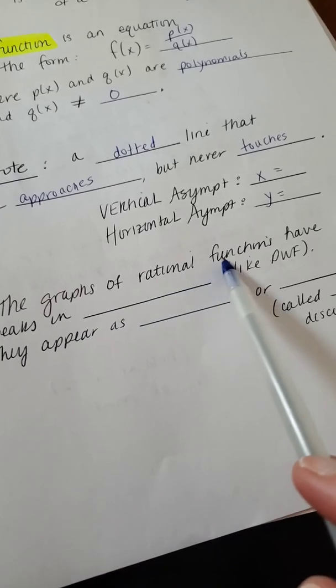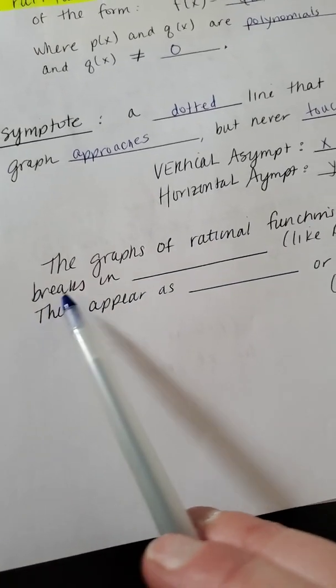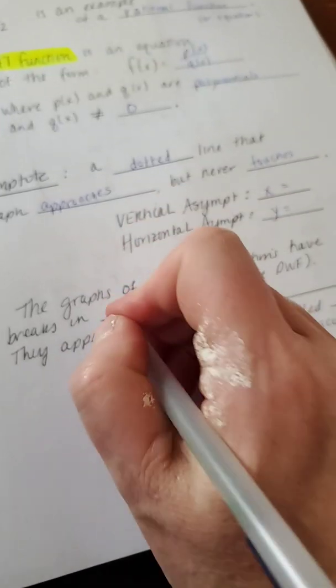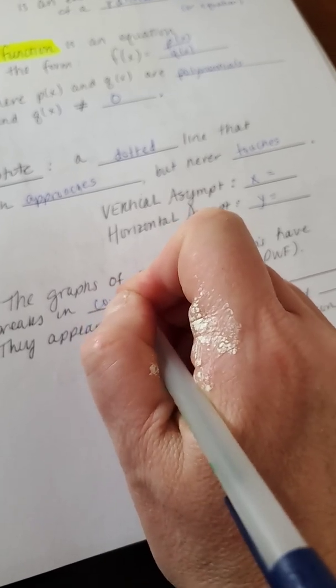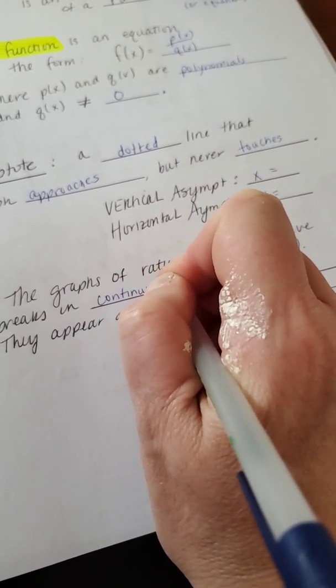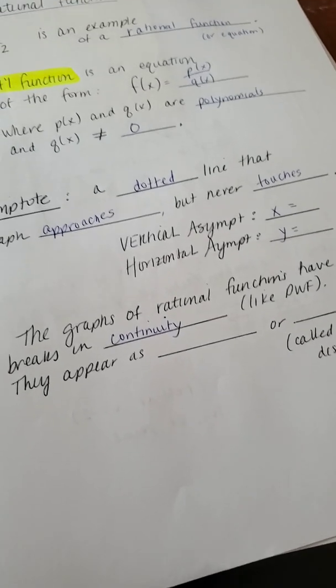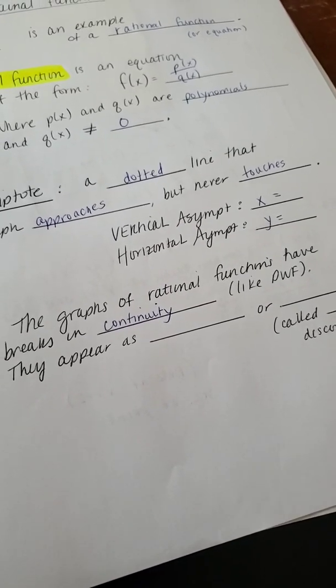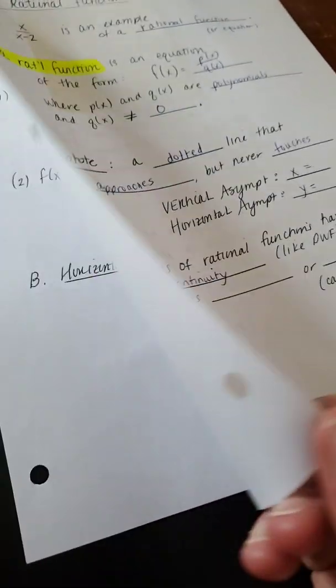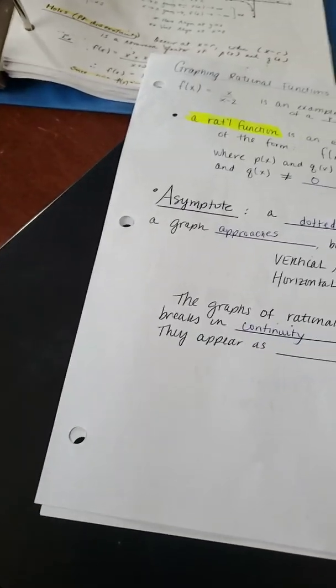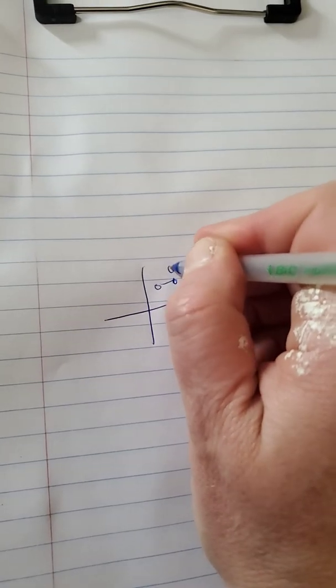The graphs of rational functions have breaks in continuity. So oftentimes, they're not continuous. There's breaks in them, there's skips, there's jumps. Kind of like a piecewise function. I know you recall, if you had a graph like this, we've seen these.